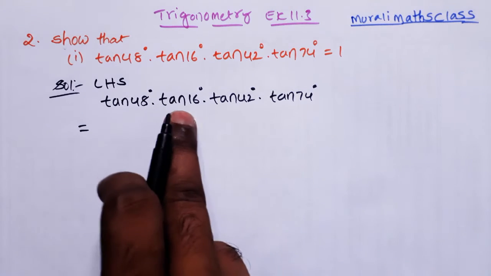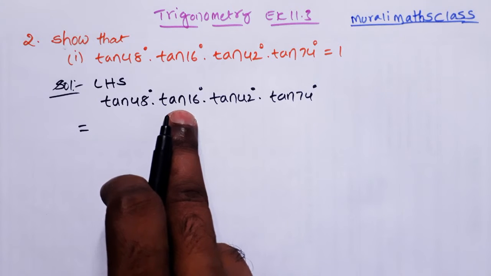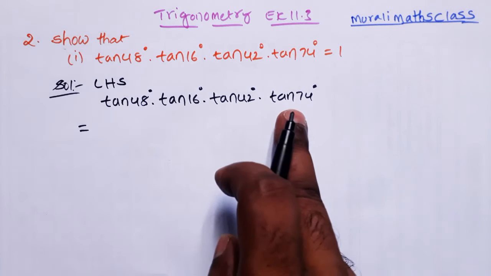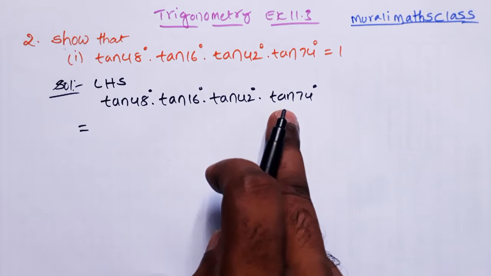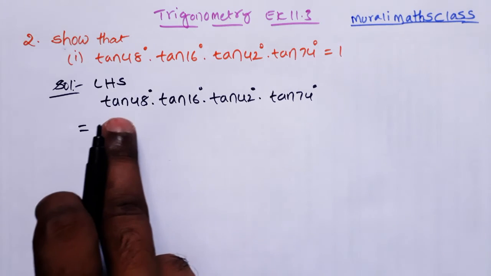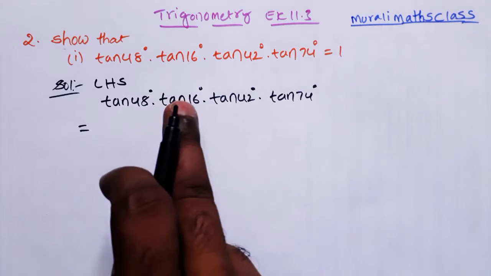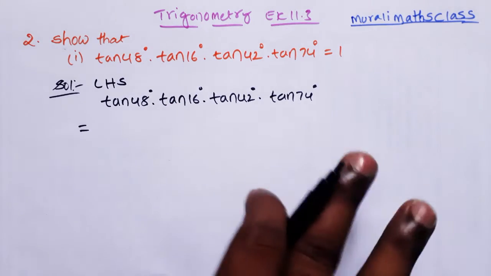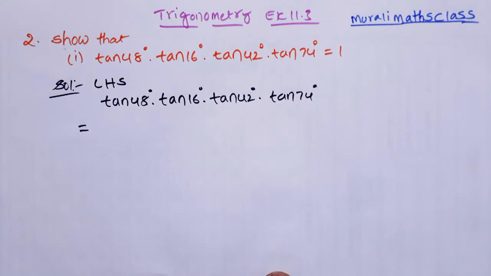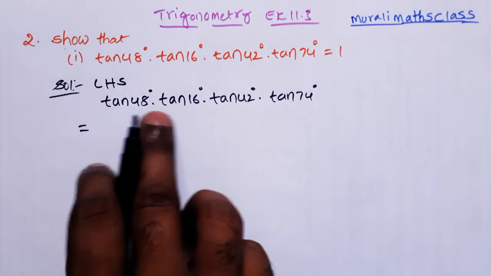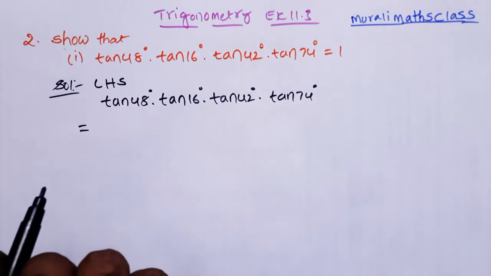Suppose if I convert this both in terms of cot, then tan will be there, here cot will be there. We can cancel that. Both are reciprocal, so we can cancel. So first we will take this both and we will convert in terms of cot.